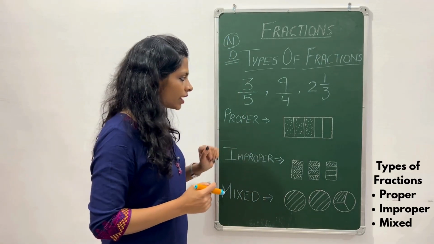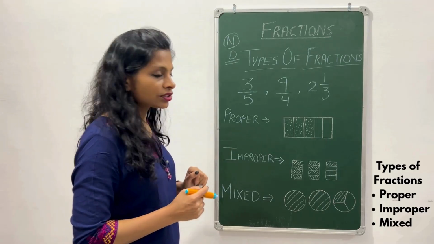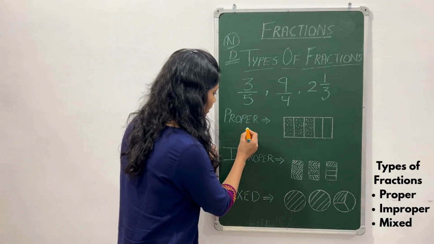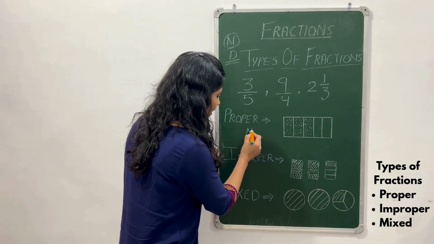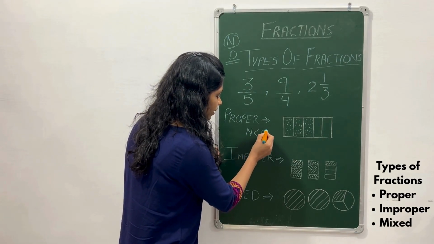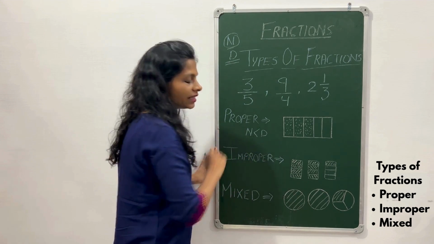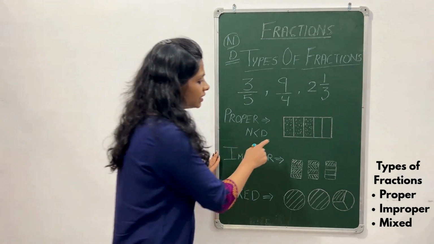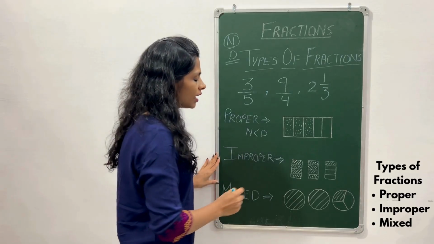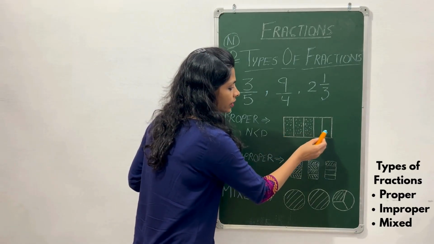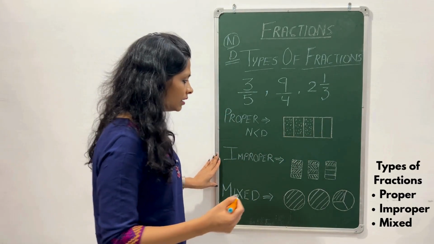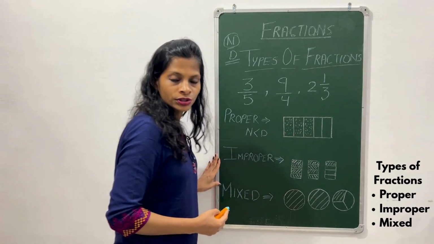First is proper fraction. Proper fraction is a fraction wherein the numerator is less than the denominator. Such as, let's take this example. In this figure, I have a total of 5 divided portions and I have shaded 3 portions.